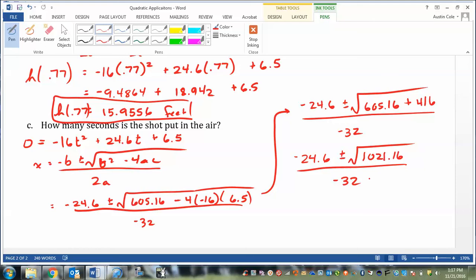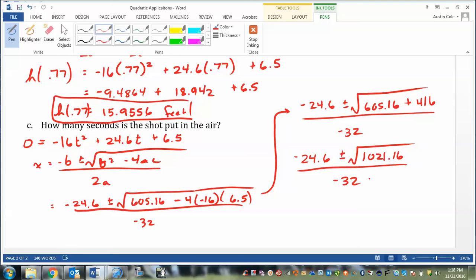So we're going to have negative 24.6 plus 31 something, that'll give me a positive, won't it? So do I want to add it? No, because if I take negative 24.6 plus this number, that will give me a positive number, divided by a negative, in the end will get me a negative.